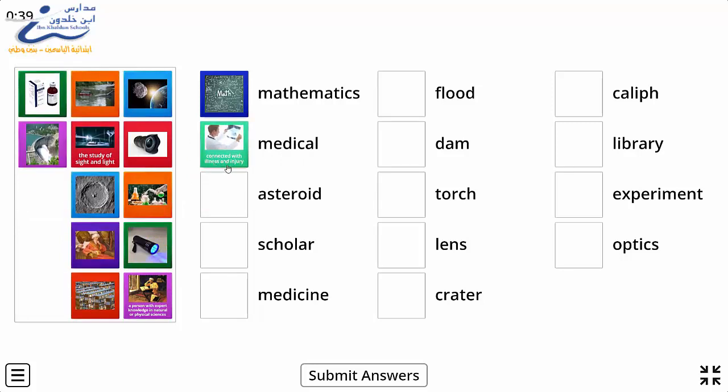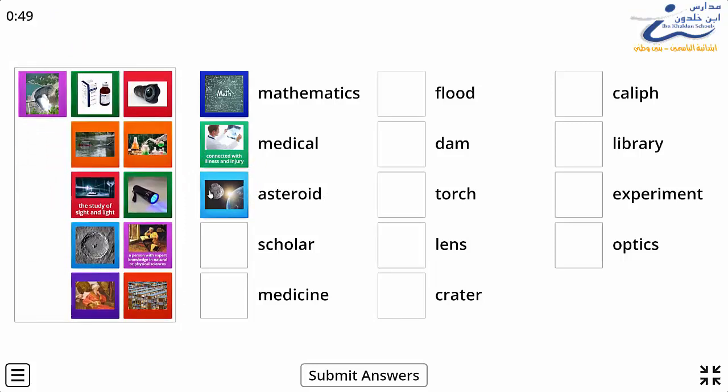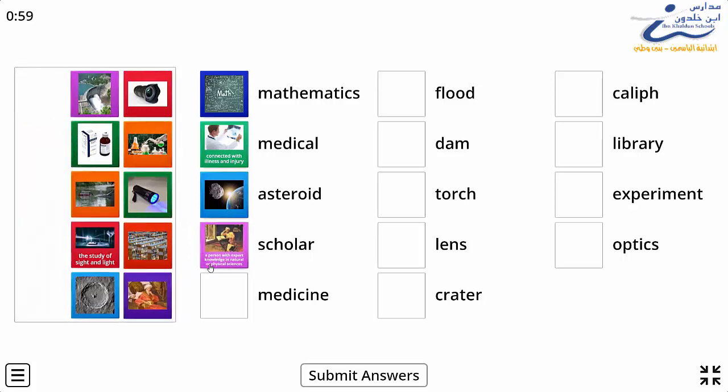Connected with illness and injury. Asteroid. Great. This is asteroid. Scholar. Excellent. A person with expert knowledge in natural or physical sciences.